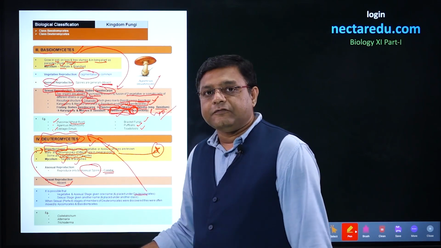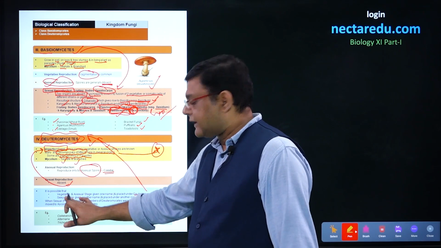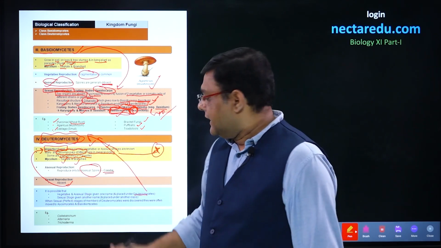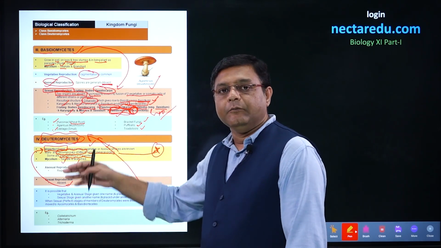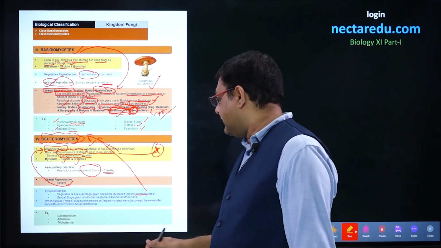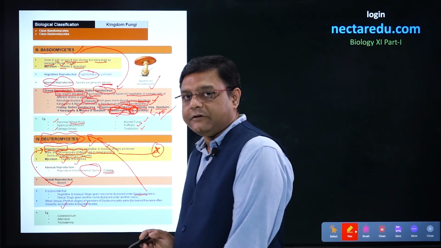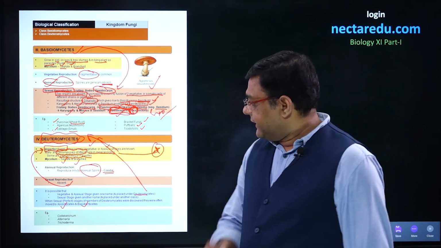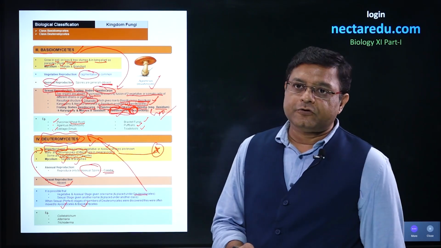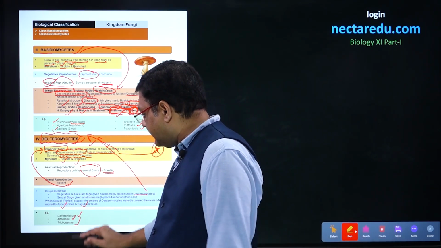When it is found that it is actually the same fungus whose sexual stage is also present, then obviously it has to be removed from the class Deuteromycetes and placed into another class. We can place it into either Ascomycetes or Basidiomycetes. The 3 important members of Deuteromycetes are Colletotrichum, Alternaria and Trichoderma.